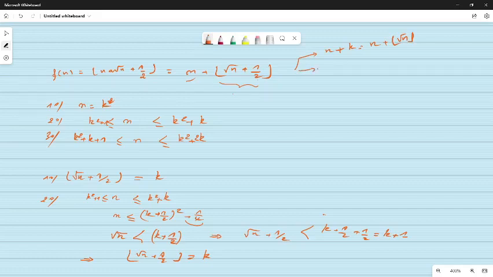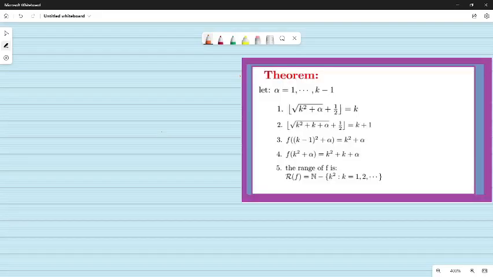In this second case, it is also equal to n plus the integral part of square root of n. But in the third case, it is equal to n plus the integral part of square root of n plus 1.